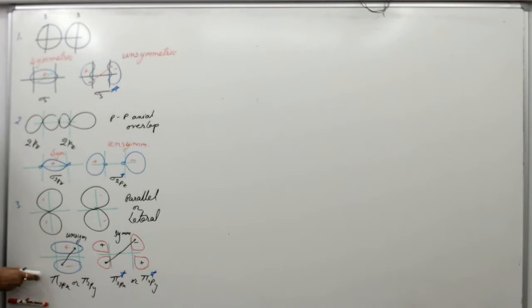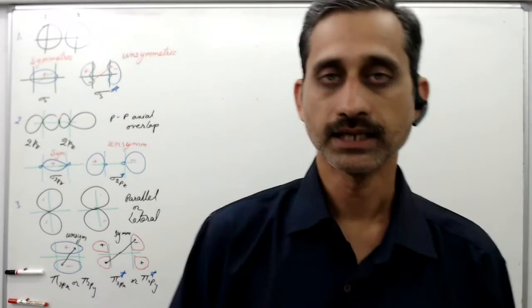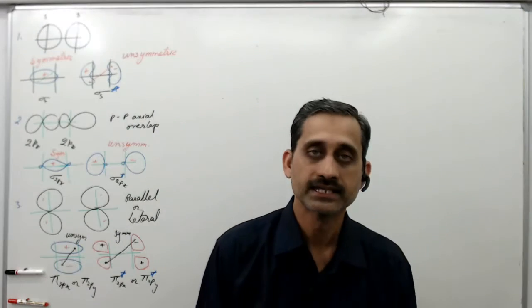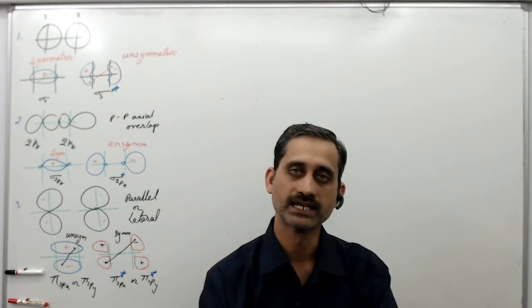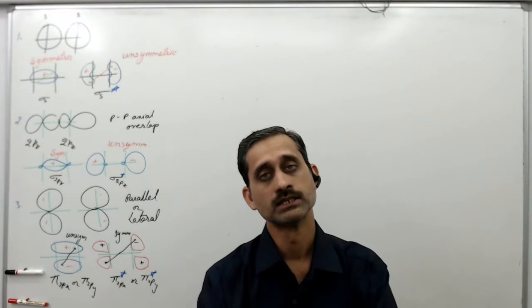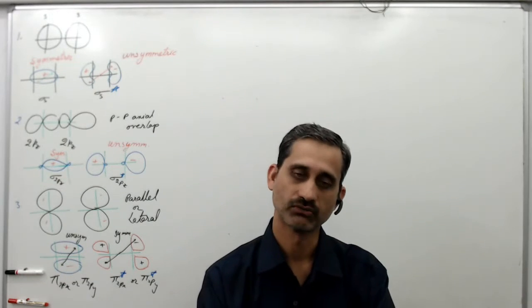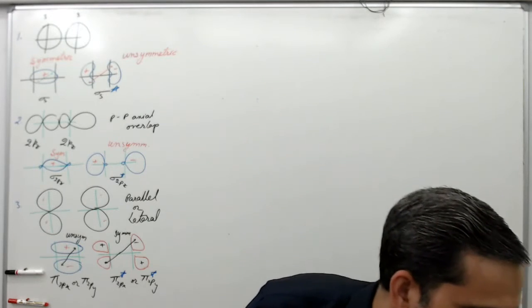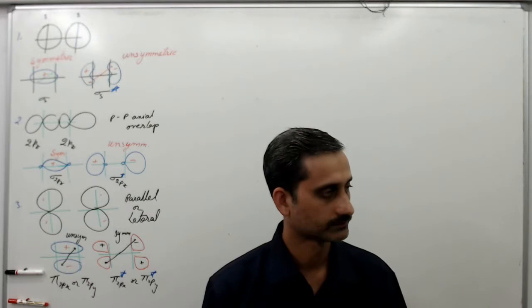So what do we get? Sigma bonding s is symmetric. Sigma antibonding s is unsymmetric. Sigma bonding p is symmetric. Sigma antibonding p is unsymmetric.